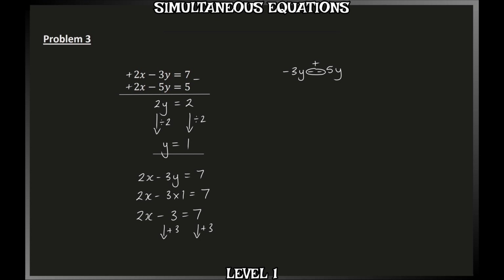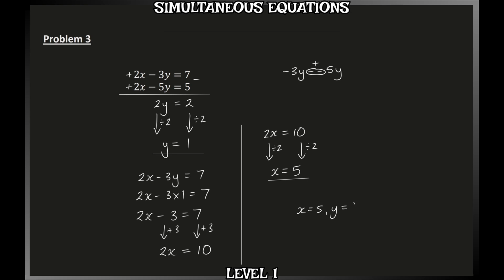When we add 3 to the left, the minus 3 and the plus 3 cancel out to leave us with 2x, and on the right, 7 plus 3 gives us 10. Finally, to remove the times 2 in front of the x, we can divide the left by 2 and do the same on the right, and we have x is equal to 10 divided by 2, which is 5. So our final answer to this problem is x equals 5, y equals 1.